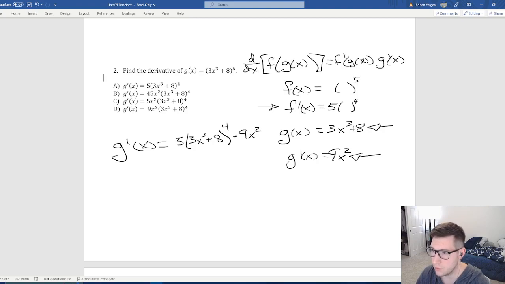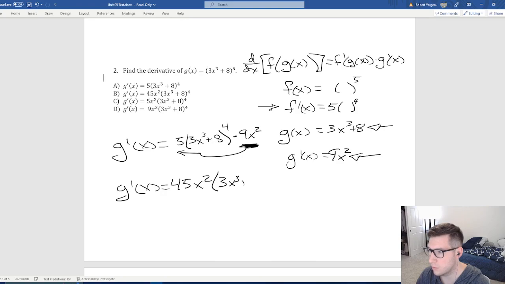And so I'm just going to take this one step and bring this piece right here out front. And so 9 times 5, that's going to be 45. Then x squared times 3x cubed plus 8 all to the 4th.